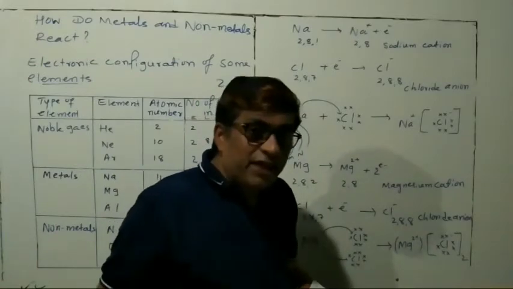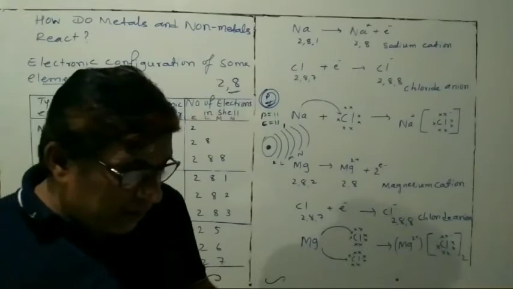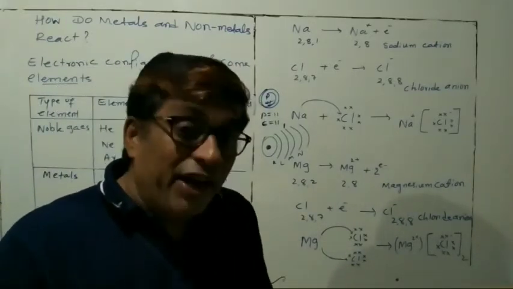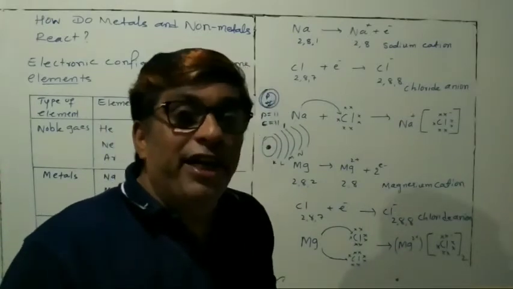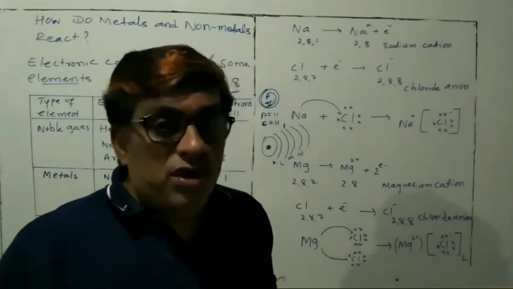Now you see the second point. Sodium and chloride ions, being oppositely charged, attract each other and are held by strong electrostatic forces.